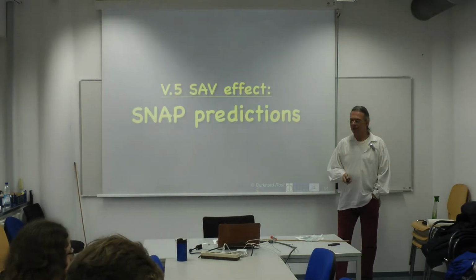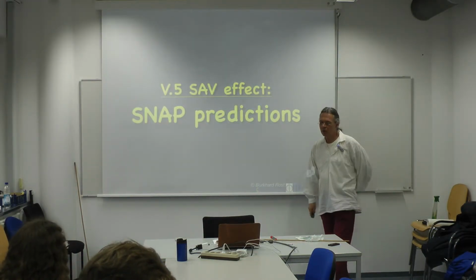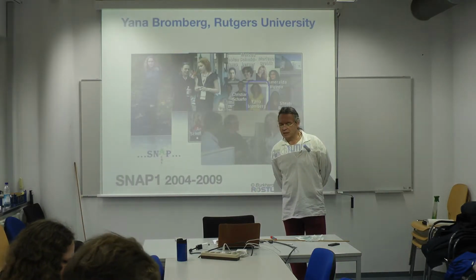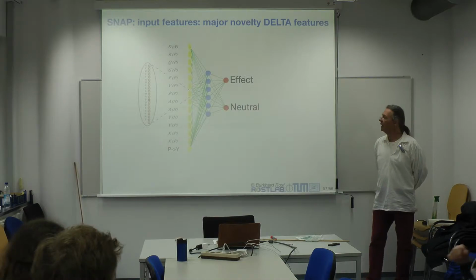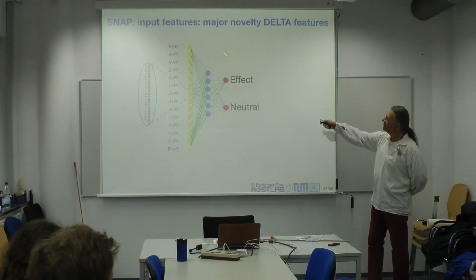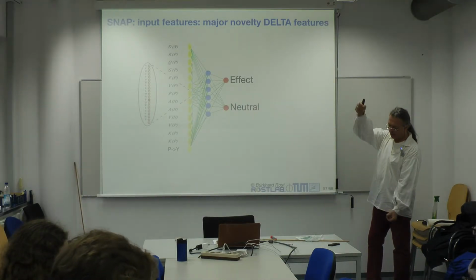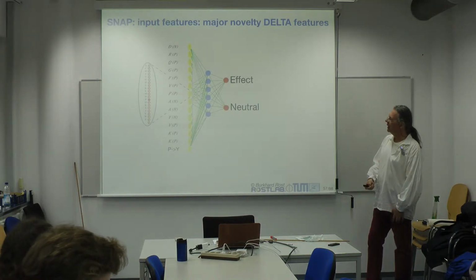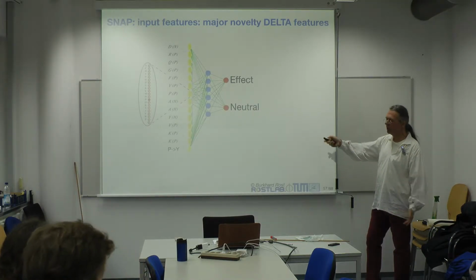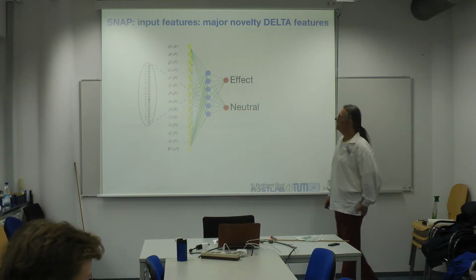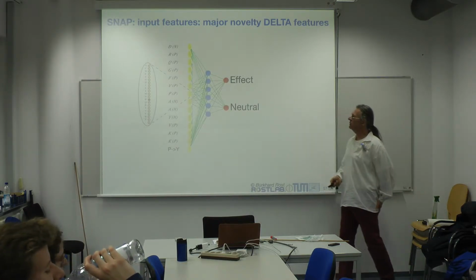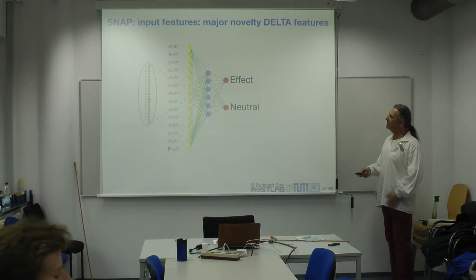I'm going to get over this one here and look at a few ideas of SNAP from Yana Bromberg through machine learning. So again, we are going to have the situation where we have 13 adjacent residues coded in the same way that we did for protein secondary structure prediction last semester, or for interaction binding.